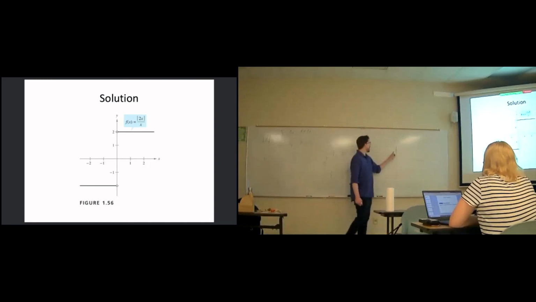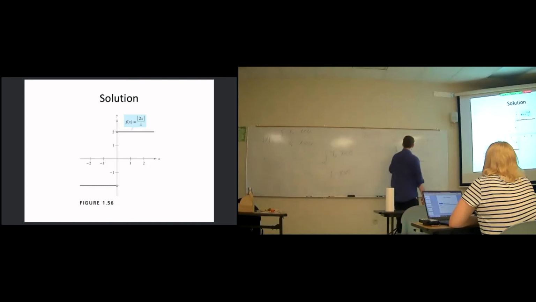But like I said, we've got our limit from the right. As x approaches 0 from the right of the absolute value of 2x over x, this thing's going to be 2.